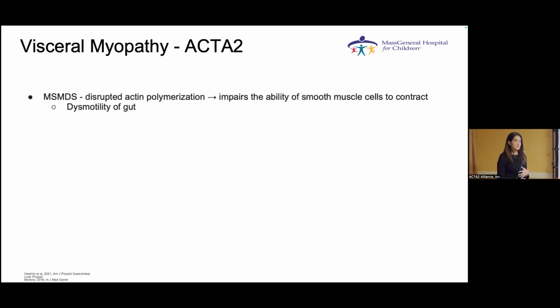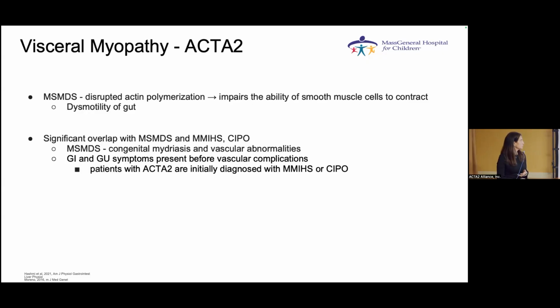So back to our patients, the ACTA2 mutation, as we know, is an issue with actin and causes problems with the smooth muscle, and you can get dysmotility of the gut. We often see this in the small intestines and in the colon, but there have been cases of upper GI symptoms too.